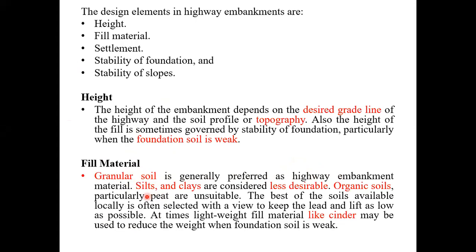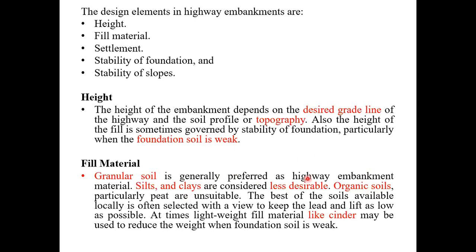Usually silts and clays are avoided, because they are less desirable and do not have good properties to withstand the load. Also, organic soils will be avoided, because organic soil helps the growing of plants, which you should avoid in a highway.